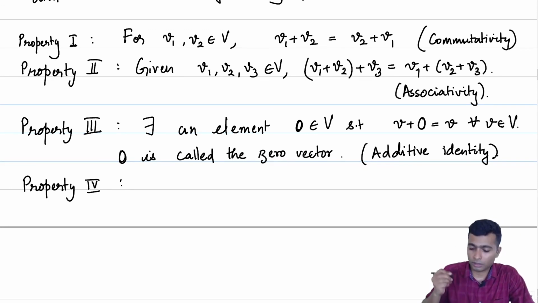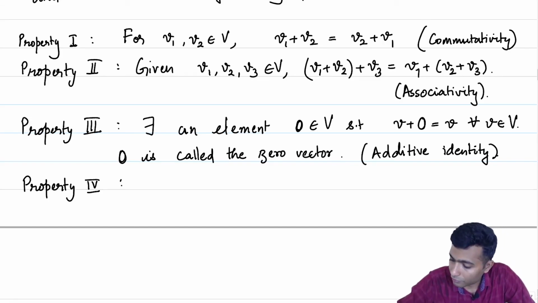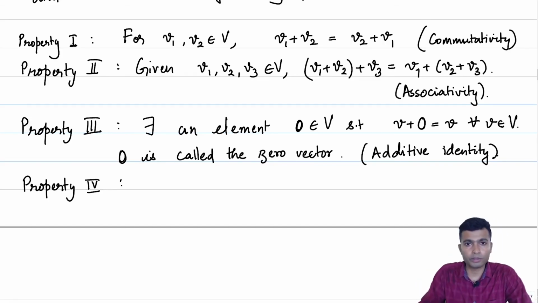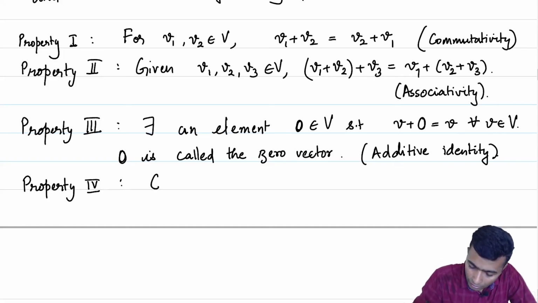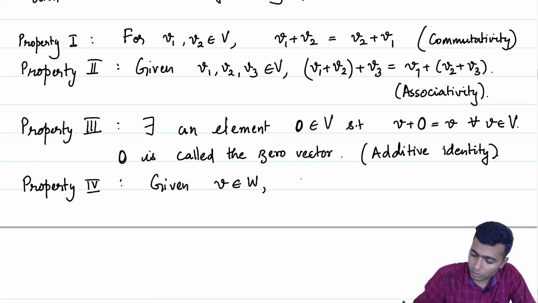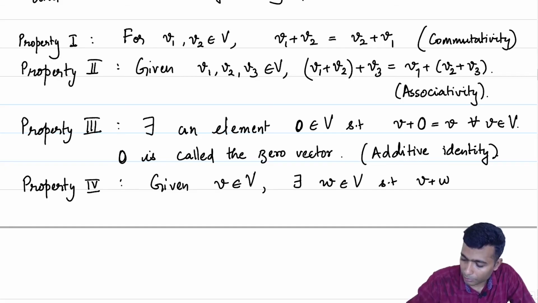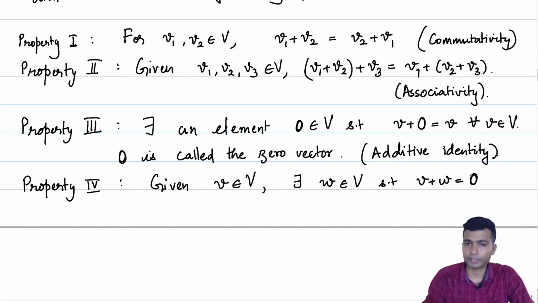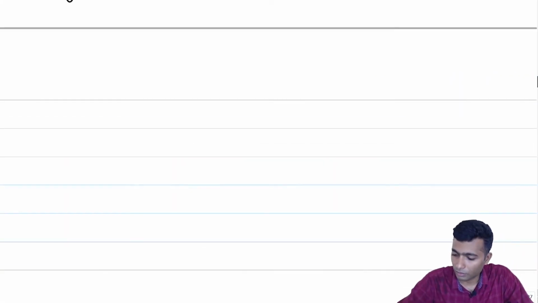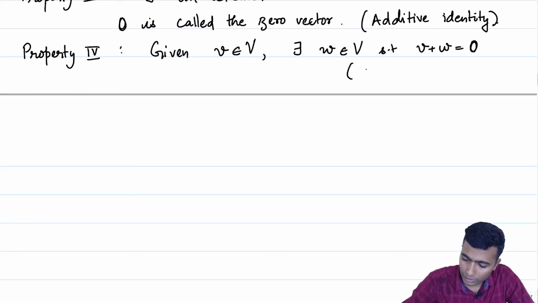This is a desirable property which we would like to generalize, and property 4 captures exactly that. Given V in capital V, there exists a W in capital V such that V plus W is the 0 vector. This is known as the existence of additive inverse.